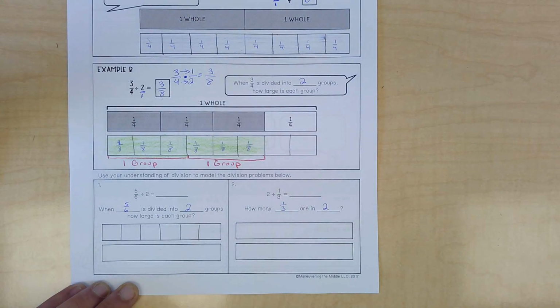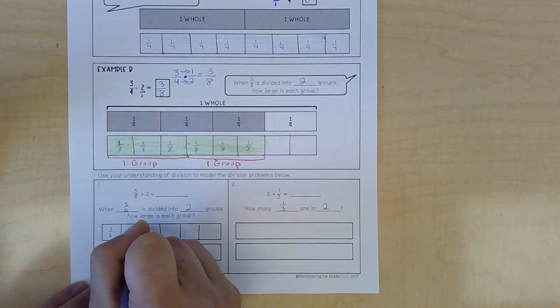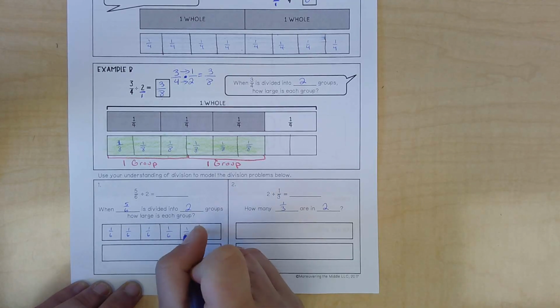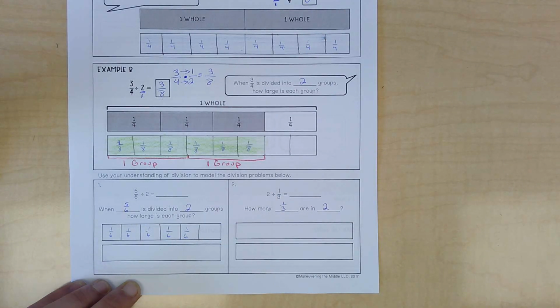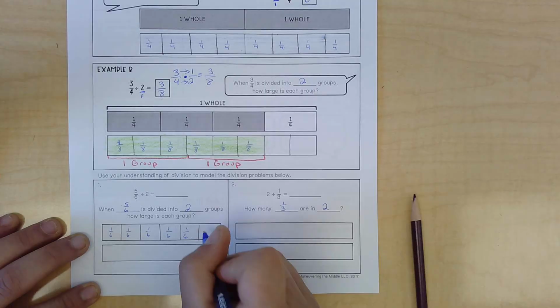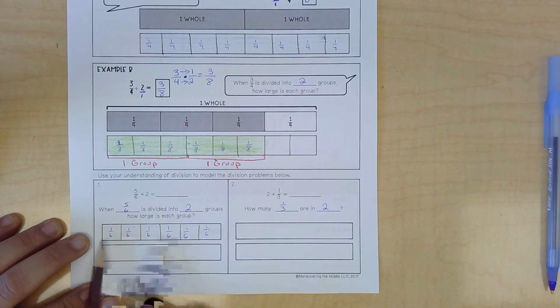And then I'll label each one as 1/6. Okay. Now, I only have 5 of those 6s. Sorry. So I'm going to shade in only 5 of those 6s.